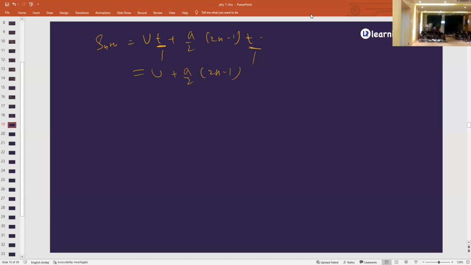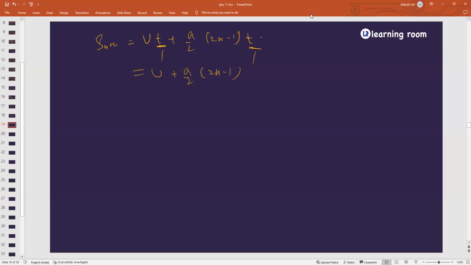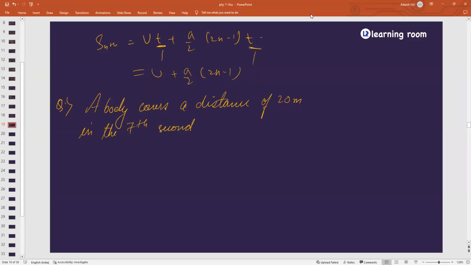Shall we move on? I have a question for you from here. The question says that a body covers a distance of 20 meters in the seventh second, and 24 meters in the 9th second.